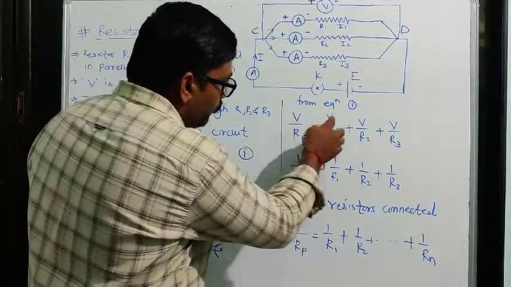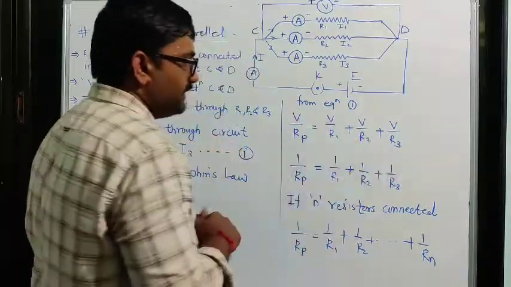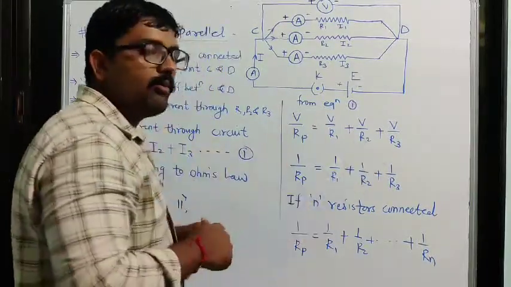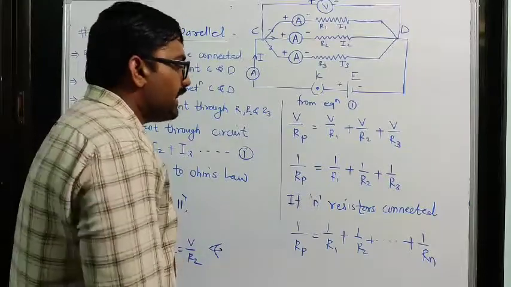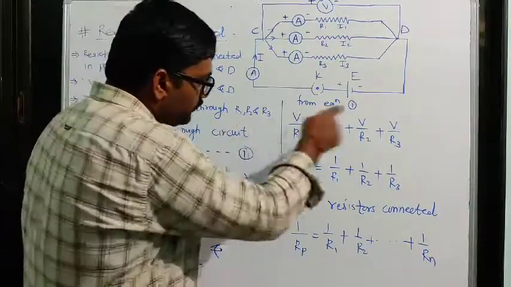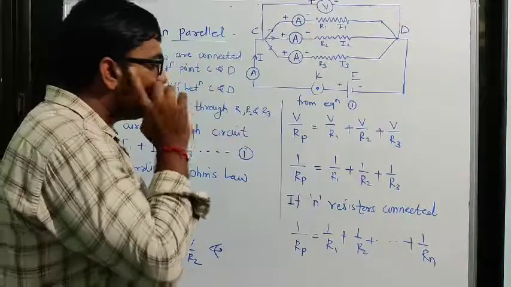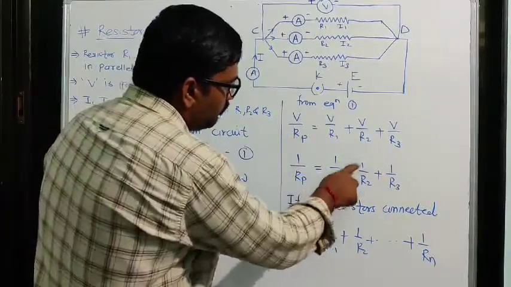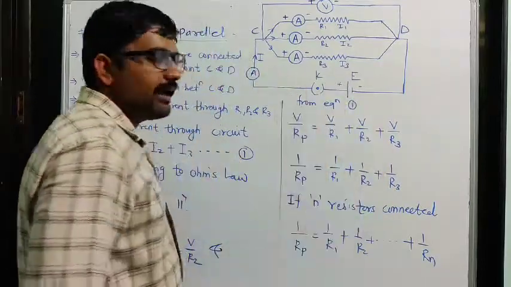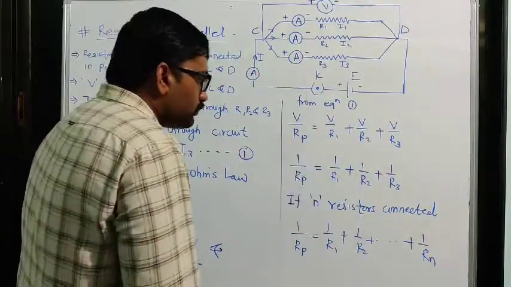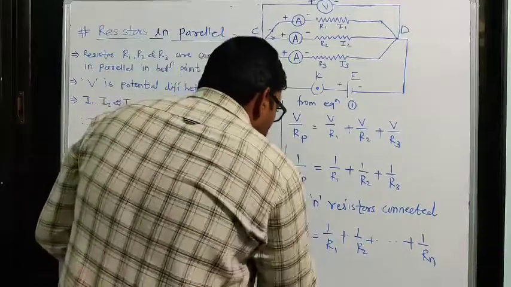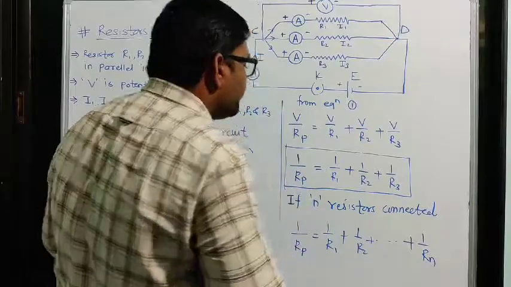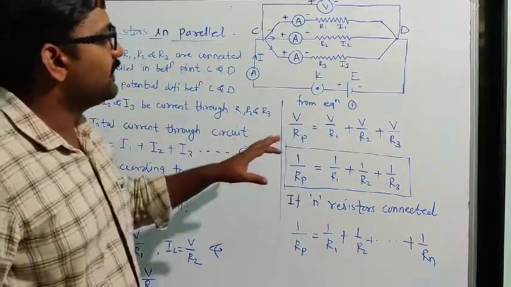Now if we take V common from the right hand side, V is also present on the left hand side, so this V will get cancelled. The remaining will be 1 by Rp is equal to 1 by R1 plus 1 by R2 plus 1 by R3. This is the equation of the equivalent resistance of three resistors in parallel.